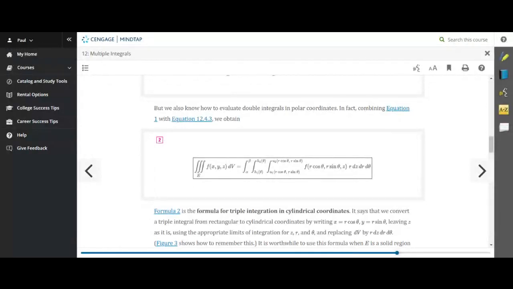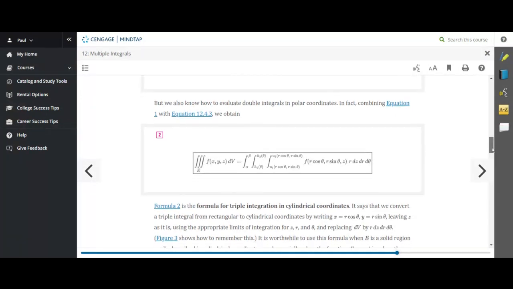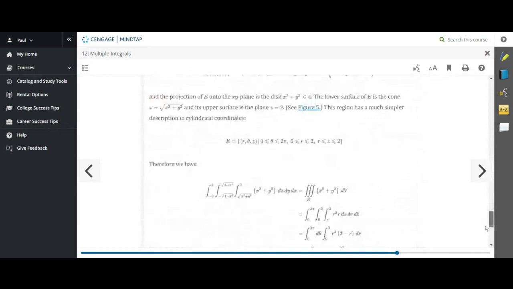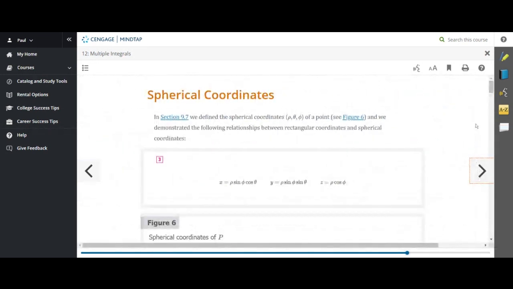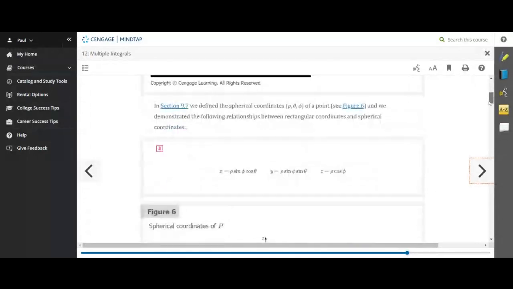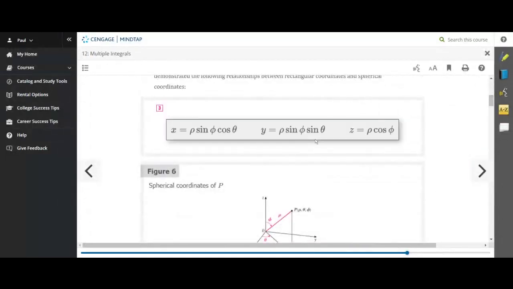Of course, these are the definitions of spherical coordinates, x, y, and z.